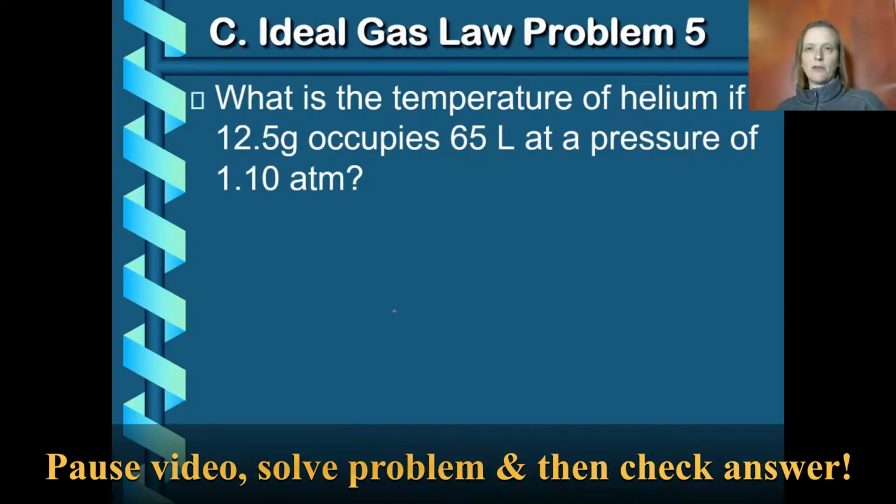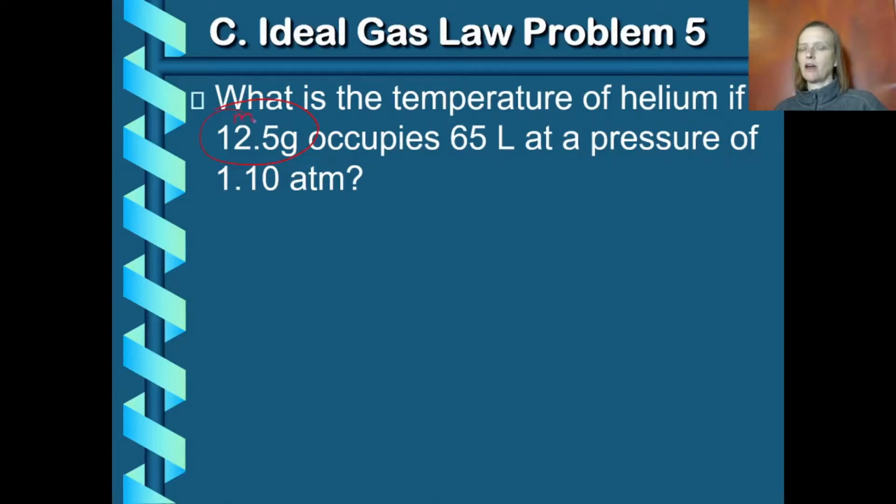One final example. What is the temperature of helium if 12.5 grams, so we're given a mass here, not a number of moles, we'll have to remember that, occupies 65 liters, that's a volume, at a pressure of 1.10 atm, so that's our pressure. And we want to know what is the temperature.